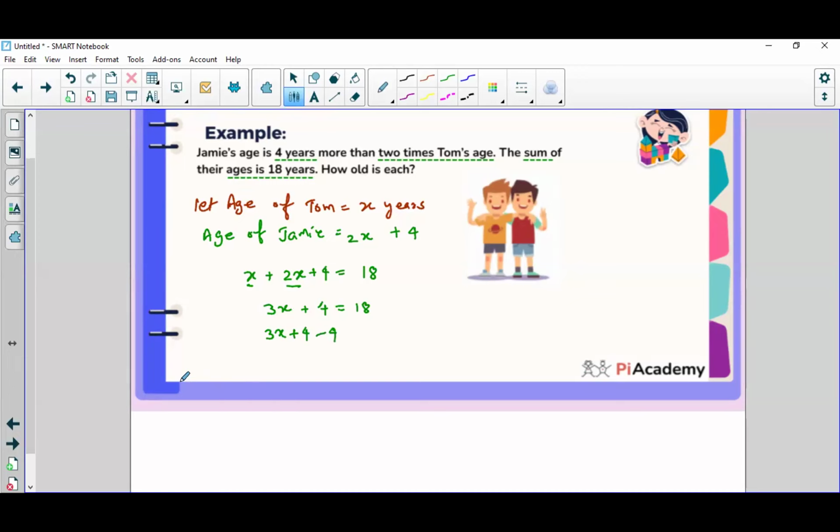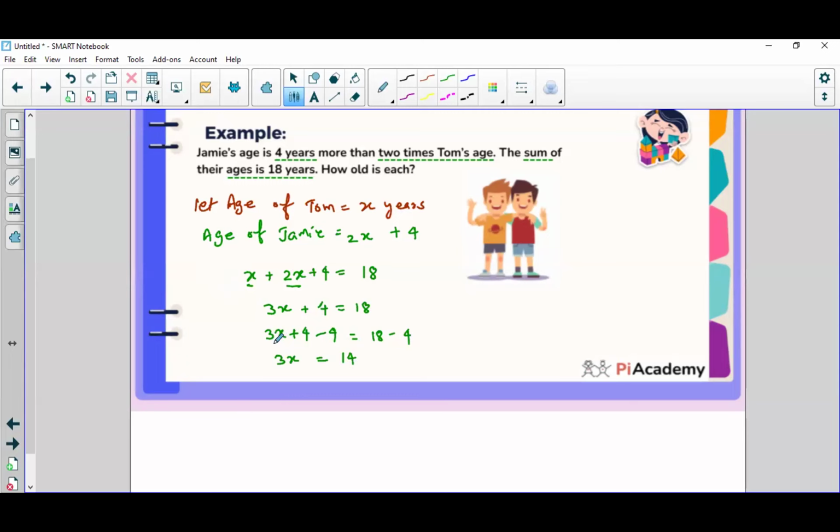If you are adding a number, subtracting a number, dividing by a number, or multiplying by a number, we have to apply that operation on both sides of the equation, on the left side as well as on the right side. So this is 3x plus 4 minus 4 equals 18 minus 4, because we are subtracting 4 from here. So we should subtract 4 from this side also. Now we are left with only 3x, because 4 minus 4 is 0, and it equals 18 minus 4, which is 14. Correct, guys?